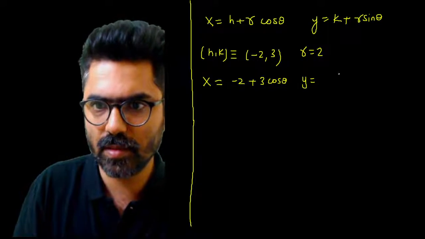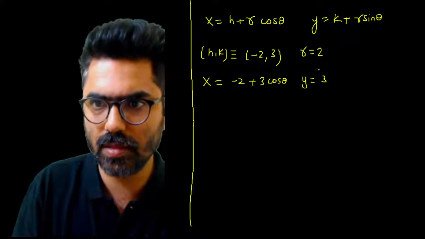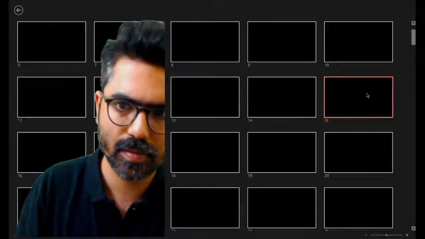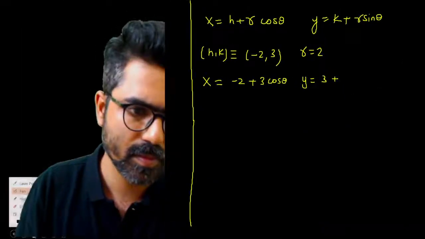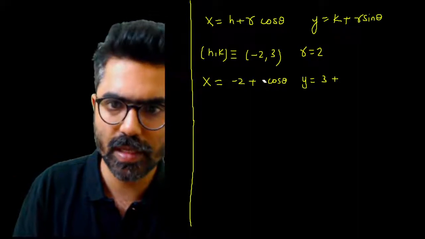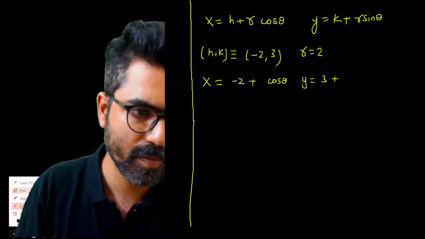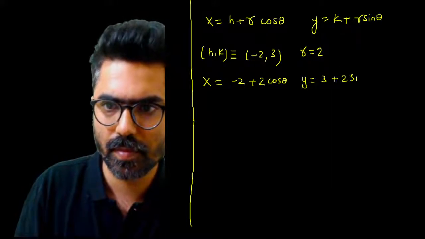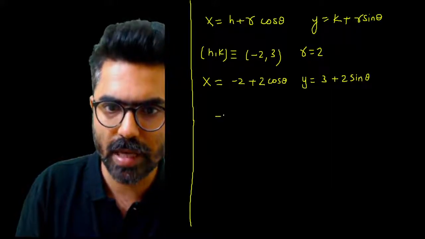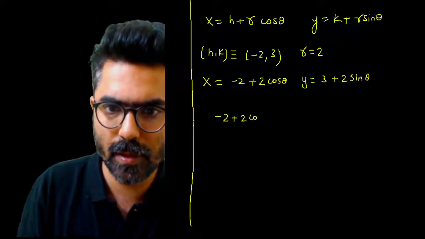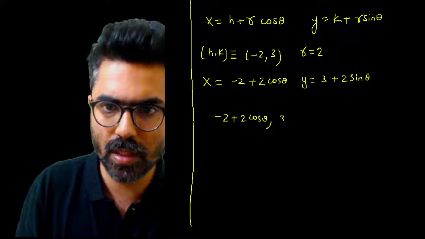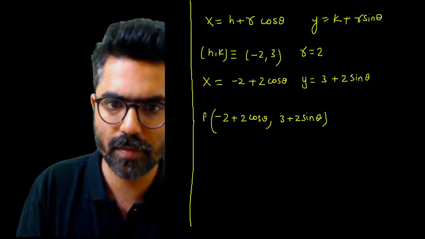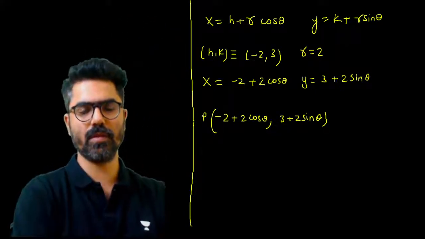Again y is k, which is 3, plus, sorry, the radius is 2. So it is minus 2 plus 2 cos theta comma 3 plus 2 sin theta. This is a parametric point, or parametric form, of the circle.